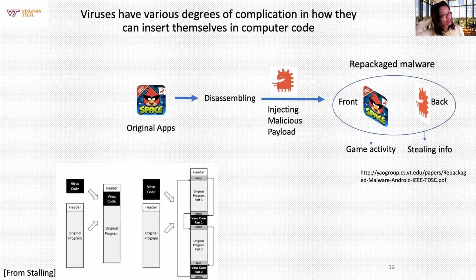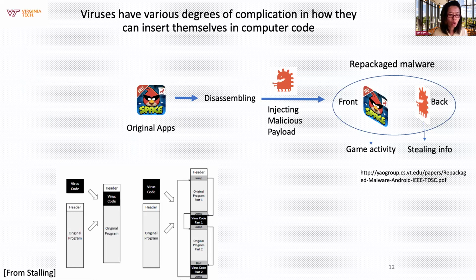Viruses and worms all want to propagate. They're like parasites. All they want to do is to replicate themselves as much as possible. But on the other hand, they also want to hide themselves. A virus would want to live as long as possible, so they insert themselves into host programs.